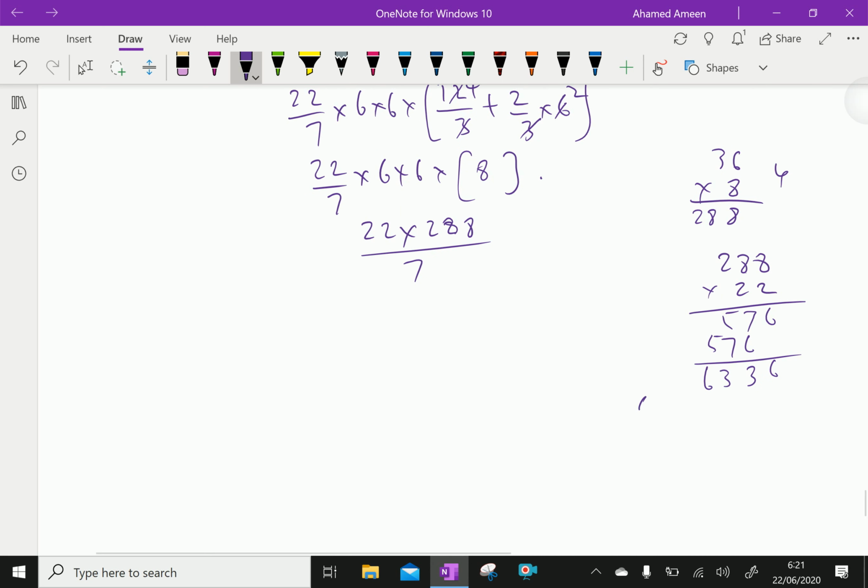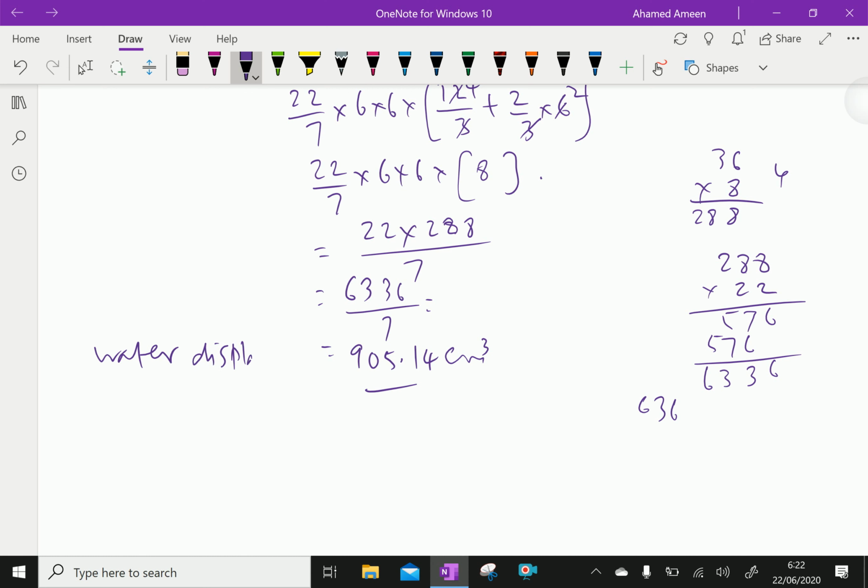Now 6336 divided by 7 is equal to 905.14 centimeter cube of water displaced.